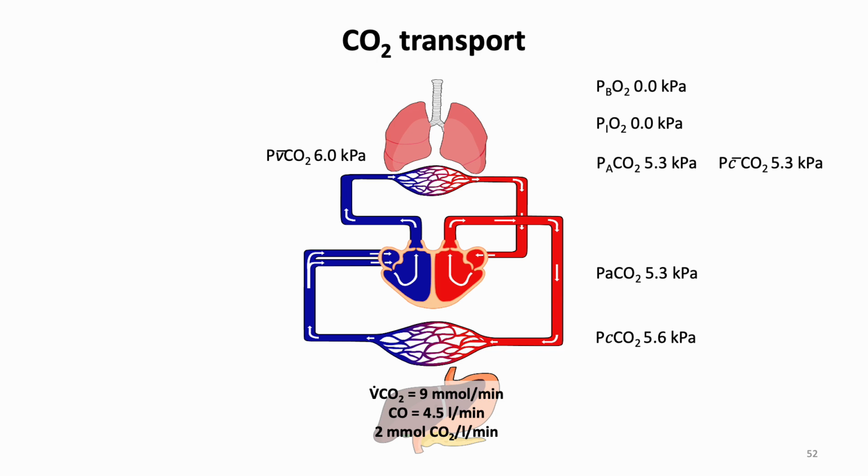As it enters the blood, it is transported in three forms. One is physically dissolved. That's actually the fraction that gives rise to an actual PCO2, partial pressure of carbon dioxide in the blood. The other two means of transportation: one is conversion to bicarbonate.